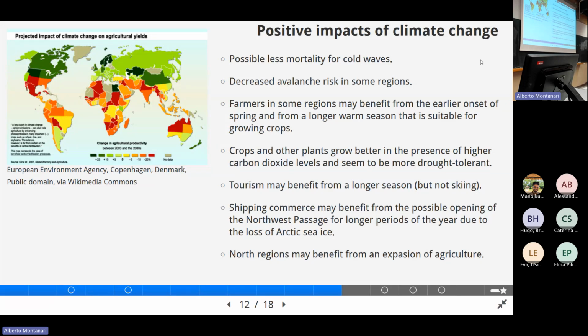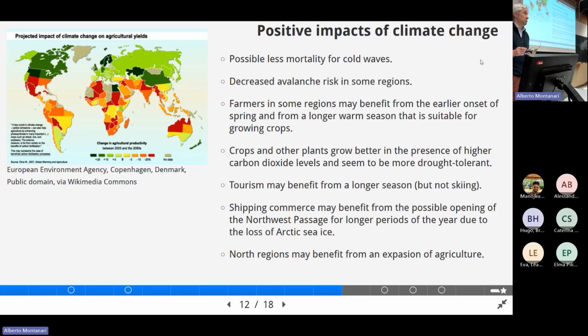It is important also to discuss the positive impacts of climate change, because if we want to find solutions, this is our aim, our final aim, finding solutions, of course, we have to get a full picture of everything associated to the problem, because the solution, of course, would eliminate the benefits. And we have to take into account then what are the benefits.